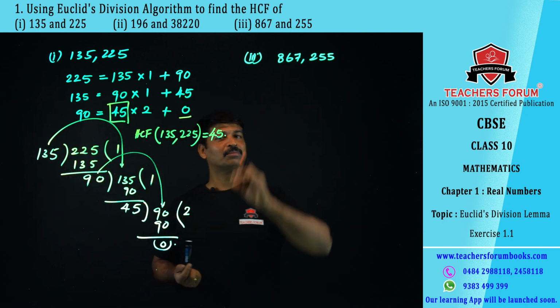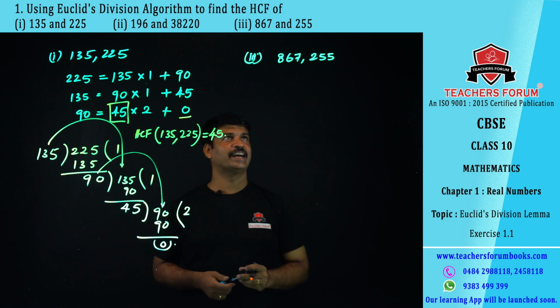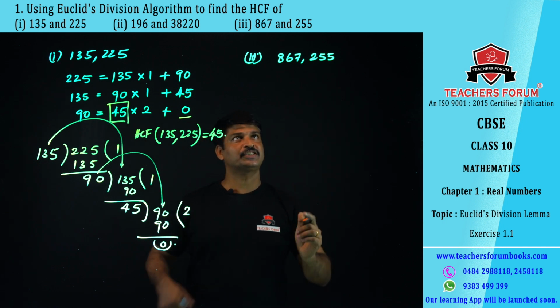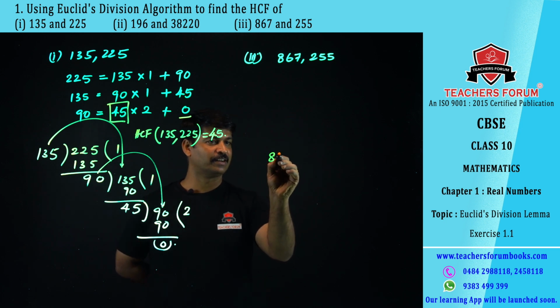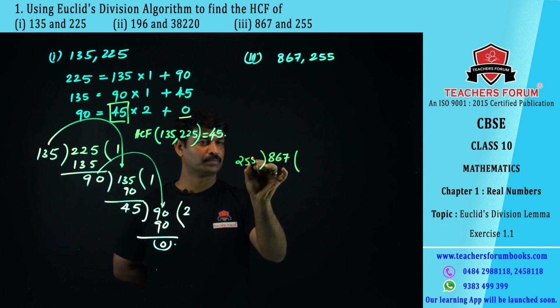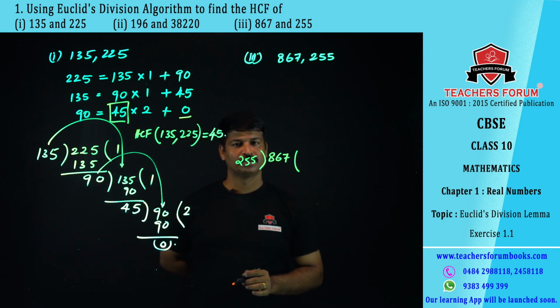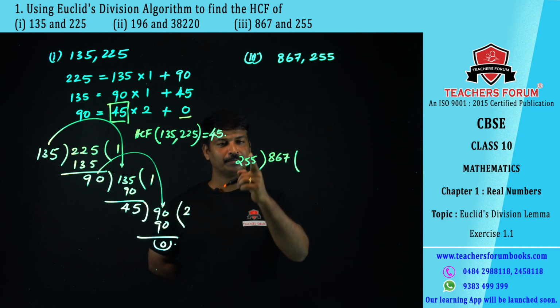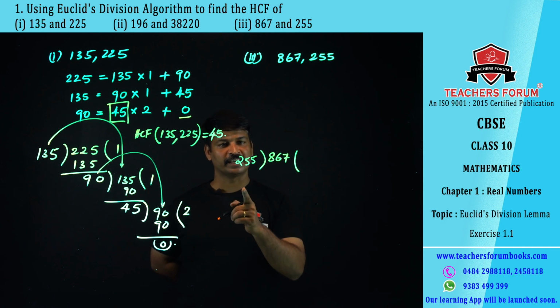Here, two numbers are given, 867 and 255. Which is the larger one? 867. So let us start dividing 867 by 255. 255 goes 2 times, it becomes 510, plus 255, 765.